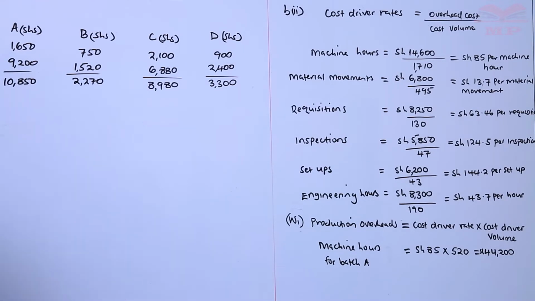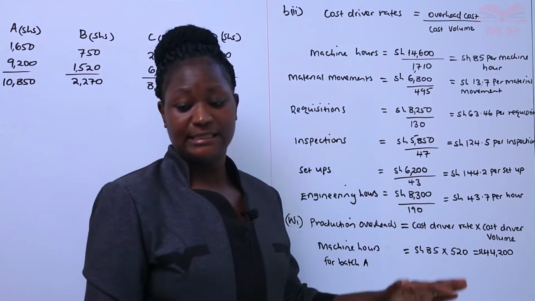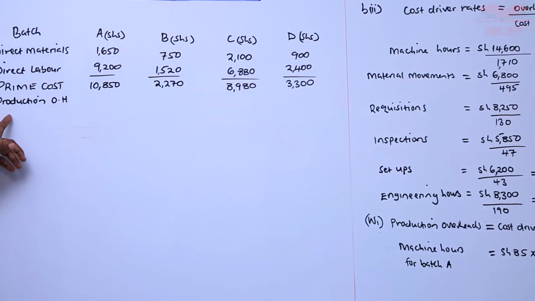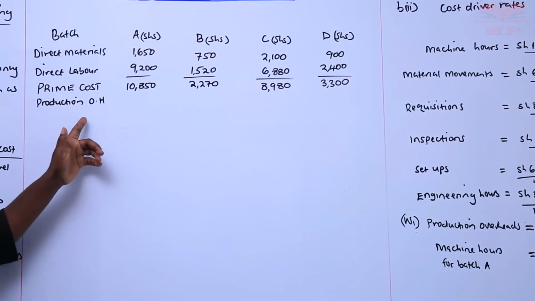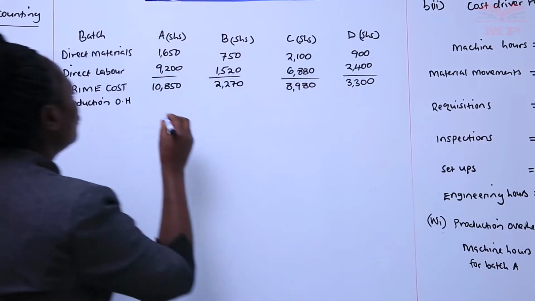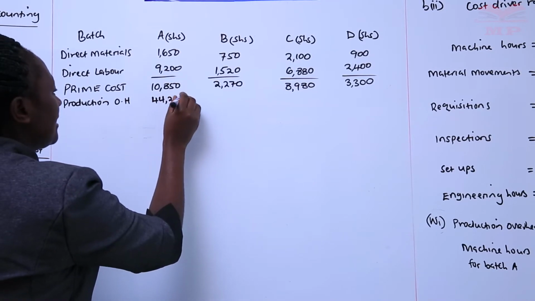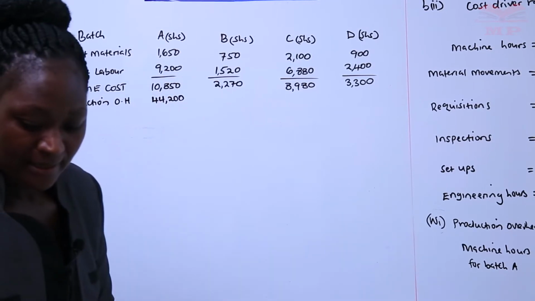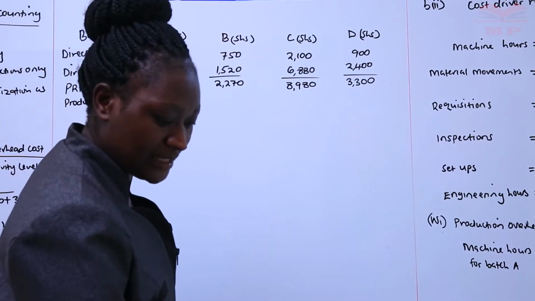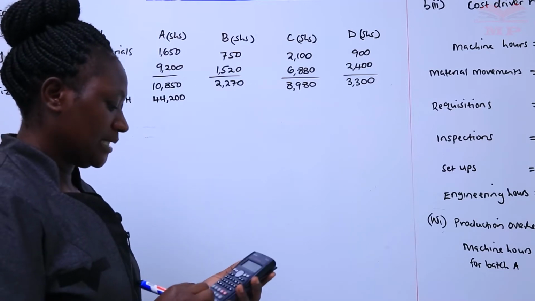And you do the same for batch B, batch C, and batch D. So coming to our working space, production overhead cost for batch A will be equal to 44,200. Then for batch B, the machine hours given were 255.